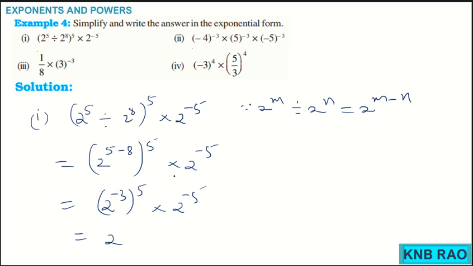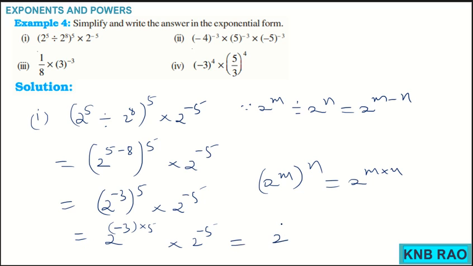Further here I am applying a power m whole power n as a power m into n. So this becomes minus 3 into 5, and into 2 power minus 5.